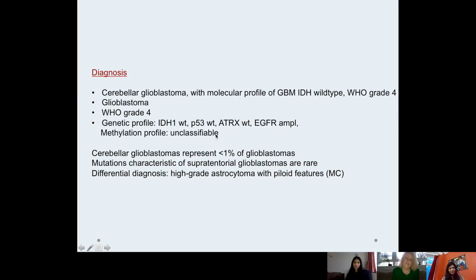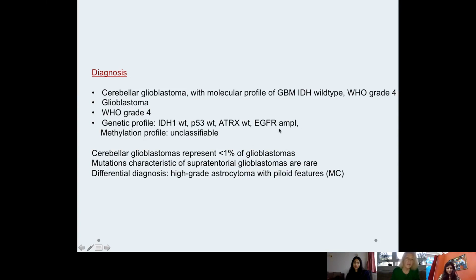However, in this case, the test failed, probably because the sample was contaminated with normal cerebellar tissue, which often is problematic with this type of analysis. There was quite a bit of cerebellum, as you could see from the images before, mixed with the tumor cells. But copy number variation studies showed the presence of amplification of EGFR.